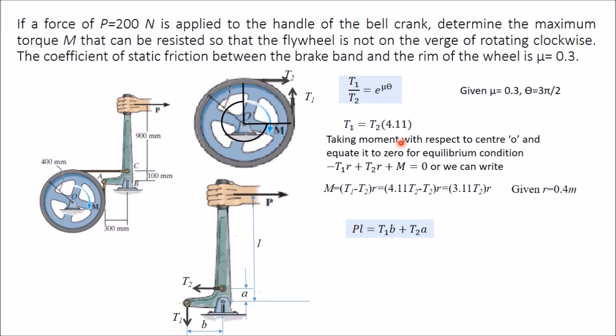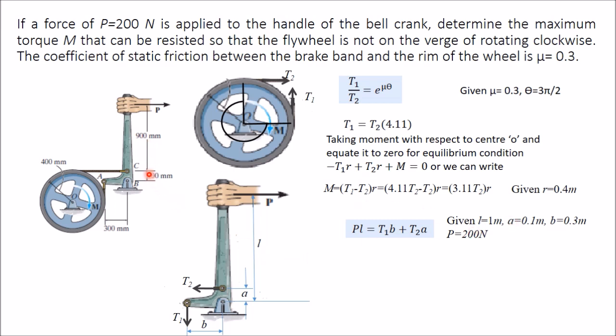Now you can put the value of T1 here, and the values of A and B are also given. Here L is equal to 1 meter, the total distance of the force P from this point: 900 plus 100, that is 1000 mm, so 1 meter.